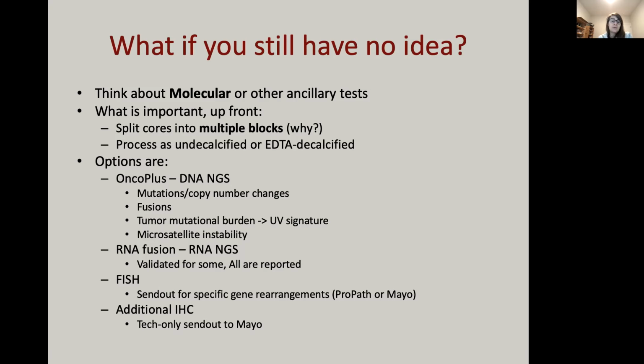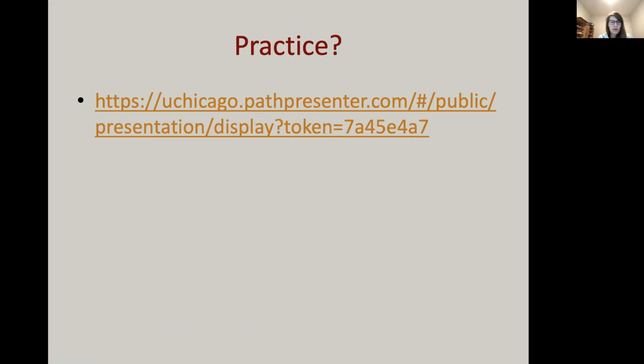We generally send either to Mayo or to Julia Bridge at ProPath for these. And if there are any immunostains that we don't have, always check the Mayo Medical Laboratories website, because they do tech onlys. A lot of you have done these where we send them the stained slides, they send us back the stain and we report it, right? So it's essentially literally tech only, we interpret it.